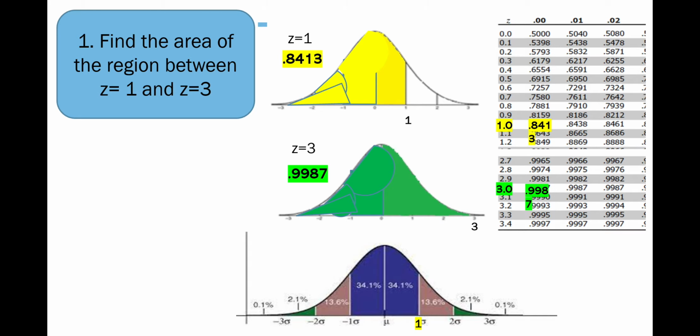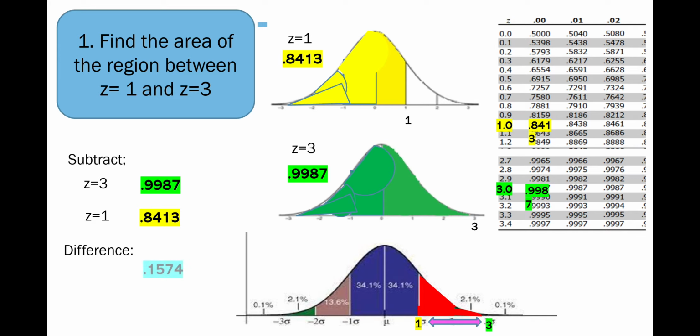Since we're going to find the area between 1 and 3, we need only this area. To find this, we subtract the value of z equal to 3, which is 0.9987, and the value of z equal to 1, which is 0.8413, wherein the difference is 0.1574.